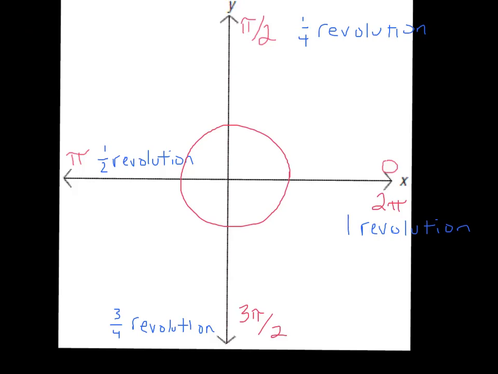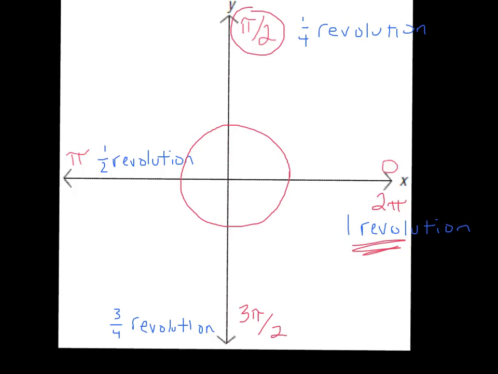So here's some more things to think about. We know that 1 revolution around a circle is going to be 2 pi. So if I think of that matchup and look at what's a quarter of a revolution? Well, 1/4 of 2 pi would give me pi over 2 radians at my positive y-axis.